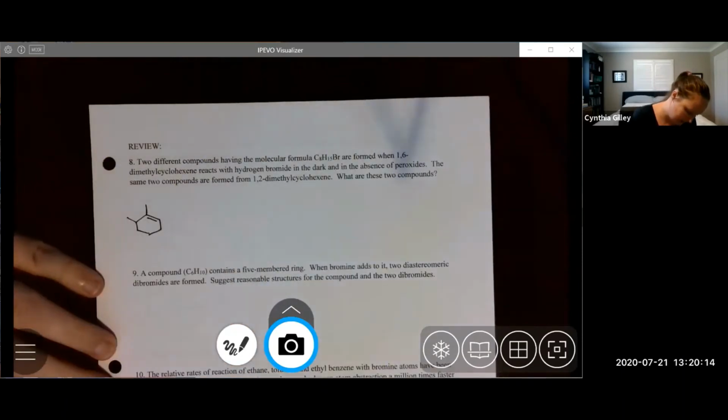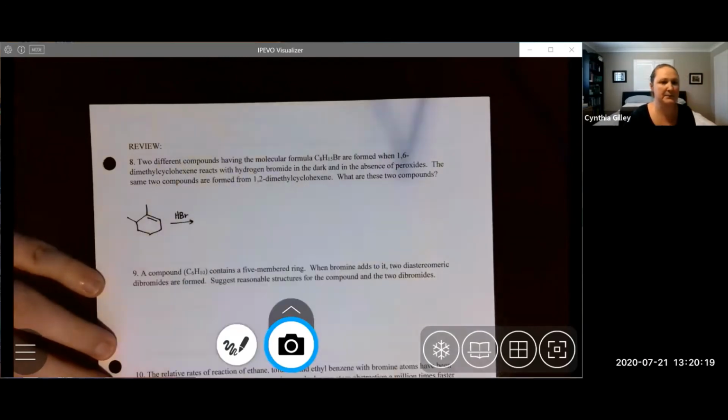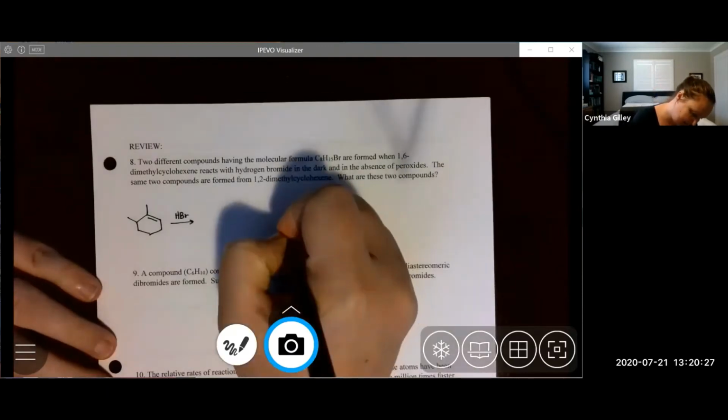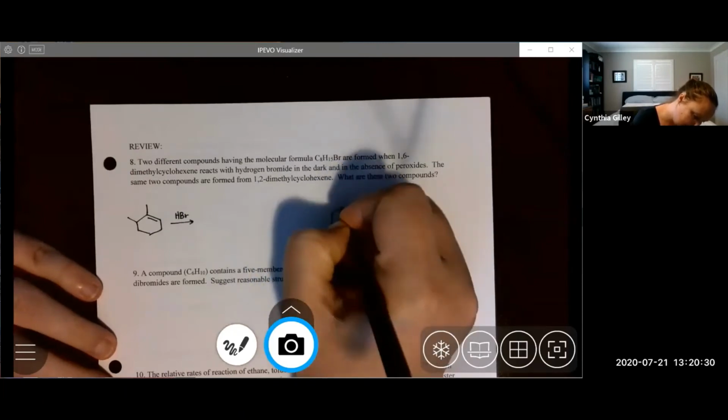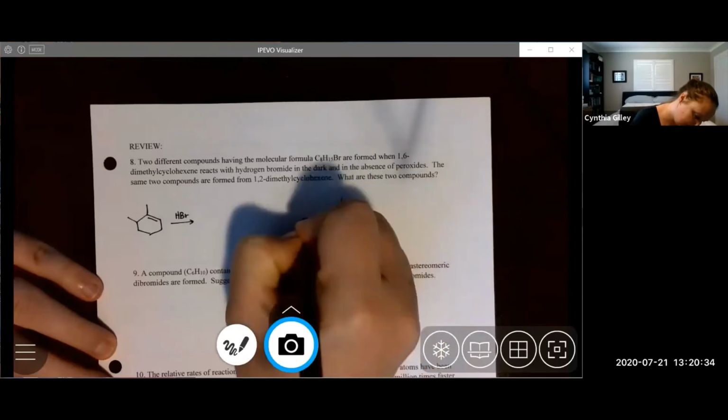So it looks like we would also form those from 1,2-dimethyl cyclohexene.